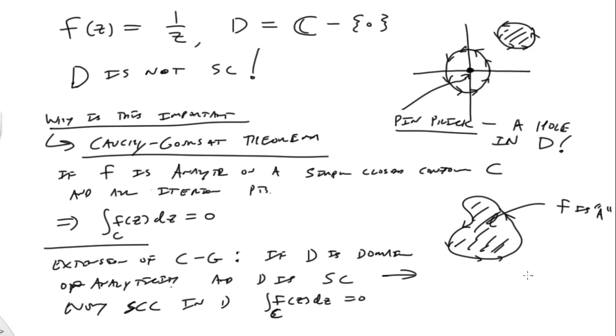So that means, for instance, log. Okay, let's go to an example here. Let's look at what I mean by this. If I take the principal value of log, we know its domain is everything in the complex plane except for the negative real line. So log of z, f of z.